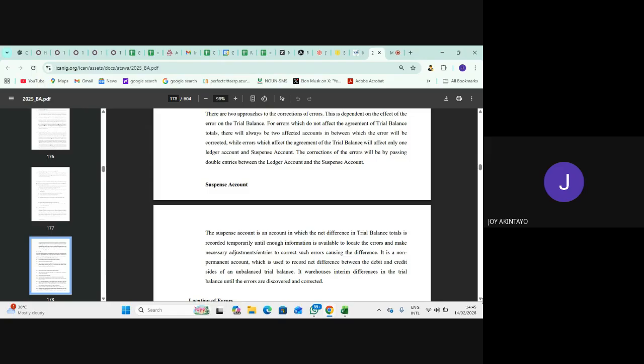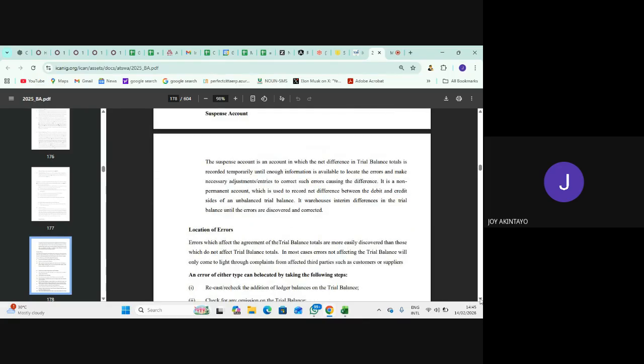The difference between the debit side and credit side, you transfer it to your suspense account until you get available information on the errors that have occurred. It is a non-permanent account, which is used to record the net difference between the debit and credit side of an unbalanced trial balance. It warehouses the interim difference in the trial balance until the errors are discovered and corrected.